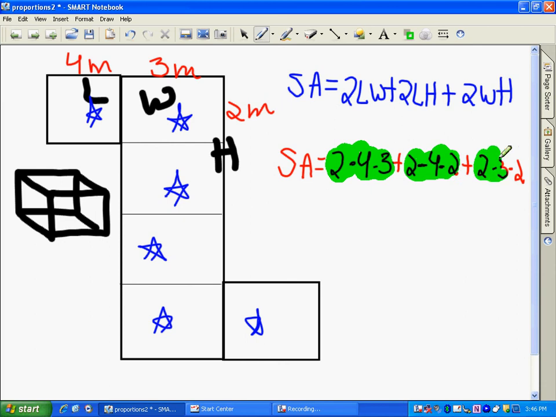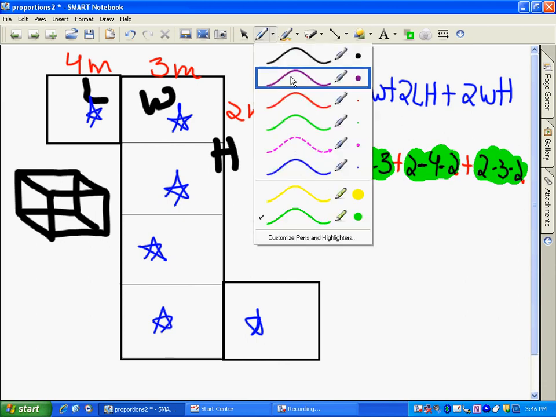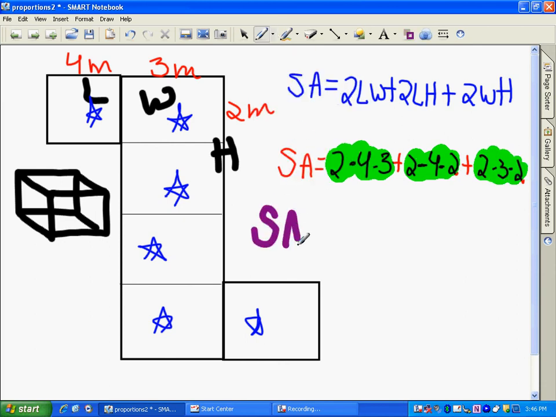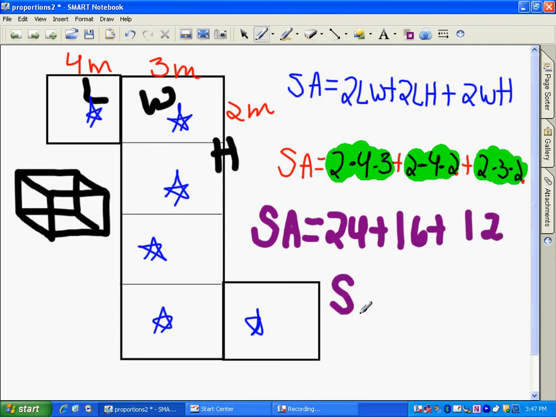I know that looks a little funny, but we're going to do all the multiplying first. 2 times 4 is 8, times 3 is 24. 2 times 4 is 8, times 2 is 16. 2 times 3 is 6, times 2 is 12. So when I add this all together, I get 52, and it's square meters, because again, we're squaring our units because we're talking about area, or yeah, surface area.